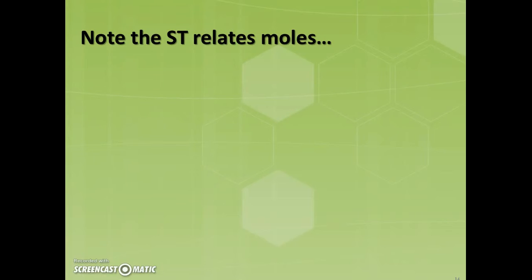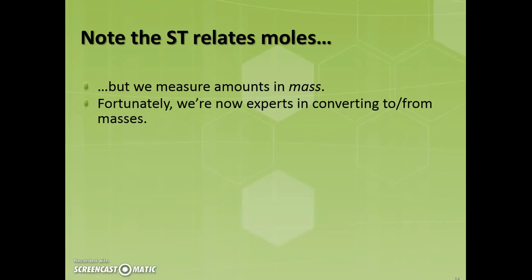So the stoichiometry term relates moles to moles, but we tend to measure and communicate amounts of compounds in mass. So the good news here is that we're experts now. We've spent over a week converting to and from masses, and we shouldn't have any problem being able to leverage these terms.